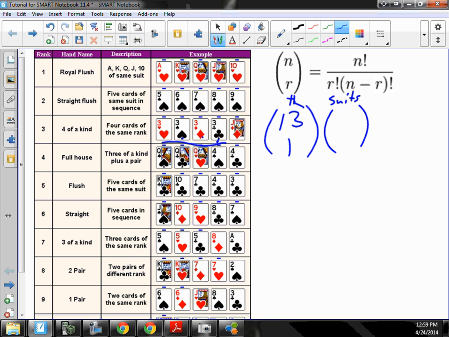We either do 4 choose 1, 3 choose 1, 2 choose 1, 1 choose 1, or I combine them all together.